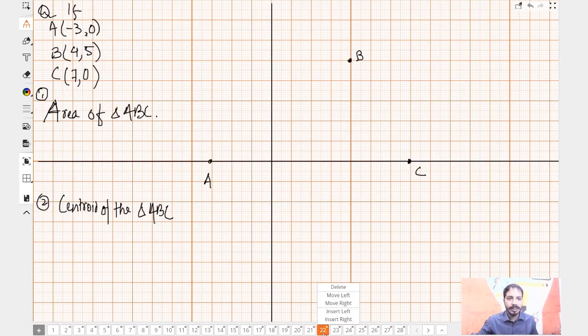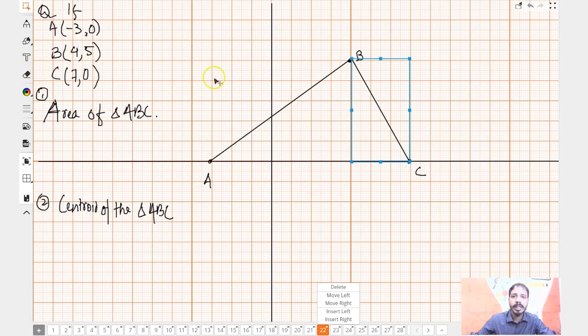Similarly, let's go for the next concept. As I already told you, suppose there are 3 points. If there are 3 points, you can find out the area of the triangle formed by them. Let me say I have a triangle formed by these 3 points, say A, B and C. So what is the area that I will get here?